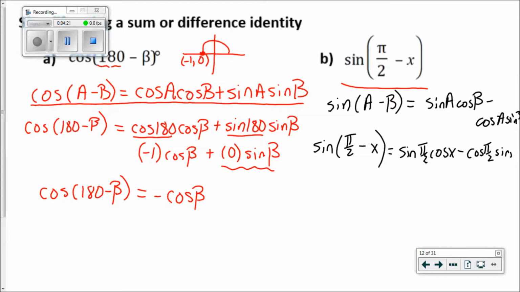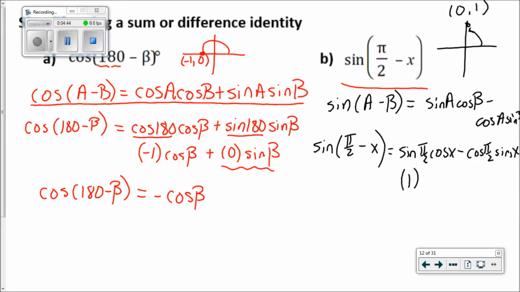Let's write that a little bit neater. Sine of pi over 2, so again, that's 90 degrees right here. We want to think about our unit circle. The coordinates of this point are 0, 1. And so the x value of 0 is our cosine, so that's going to go here, and the 1 is our value for sine.